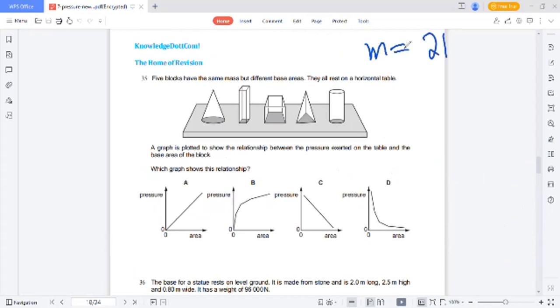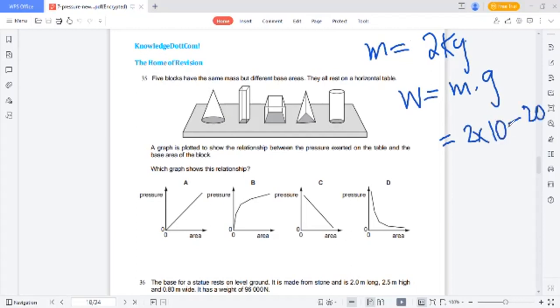Let's assume that it is 2 kg. Now the question may be related. Now weight is mg, so 2 times 10 is 20. So weight is 20.